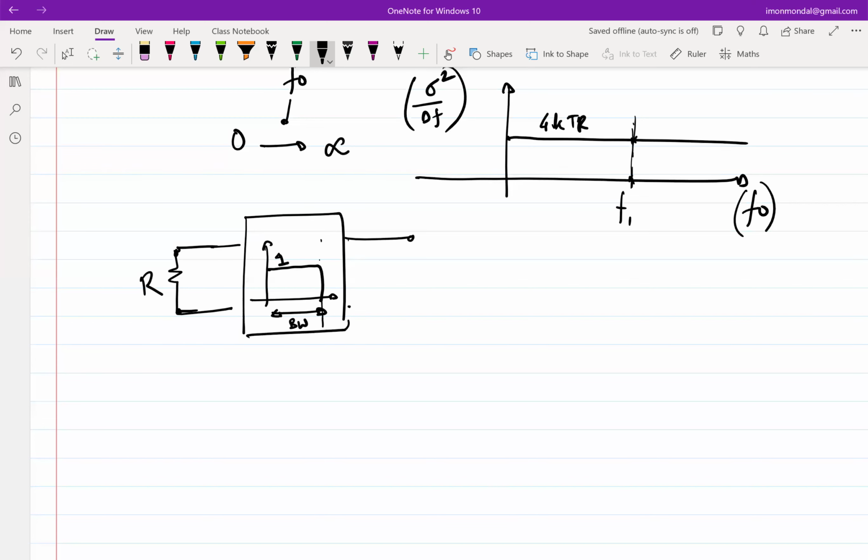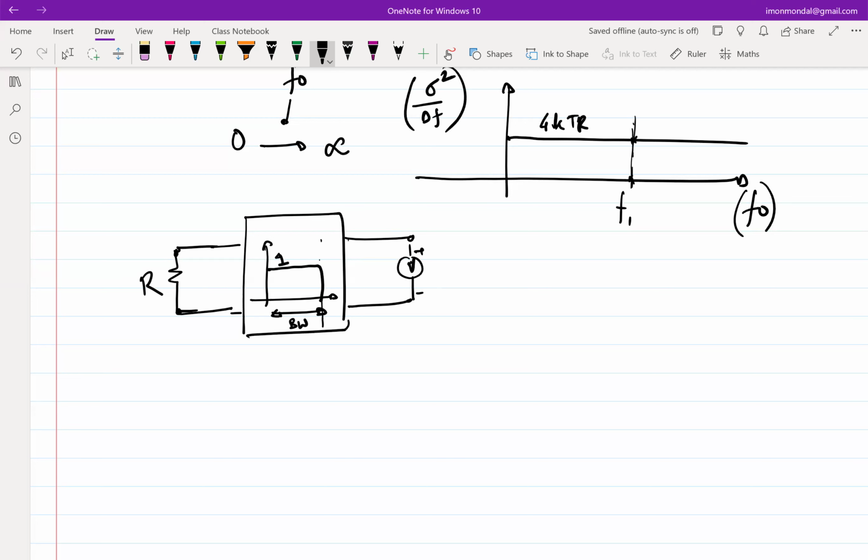No amplification, amplification factor of 1. And we observe this voltage, right? So no source anywhere. I'm not expecting any signal, right? But I'll be getting noise, right?